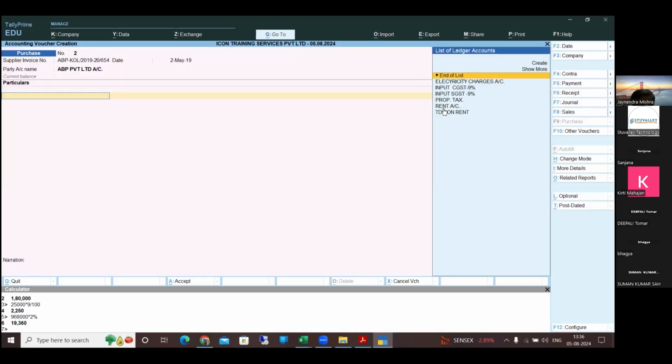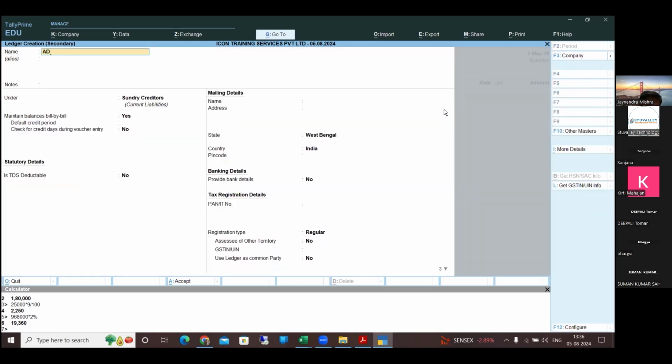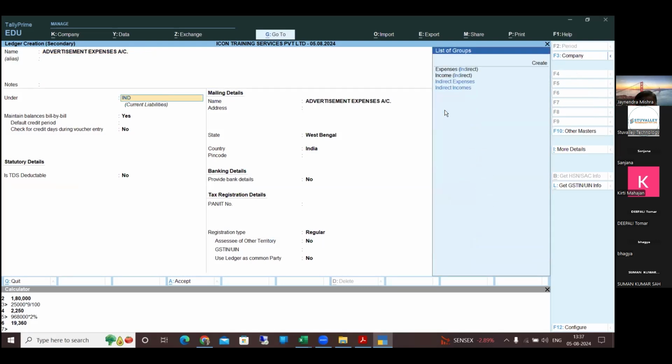What do we pay? Advertisement expenses. Okay, create. Advertisement expenses, again friends, indirect expenses: any expenses which are not related to production.